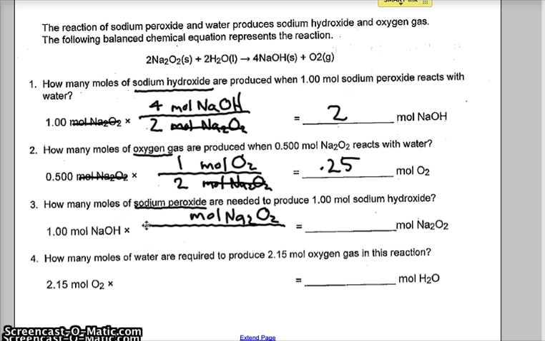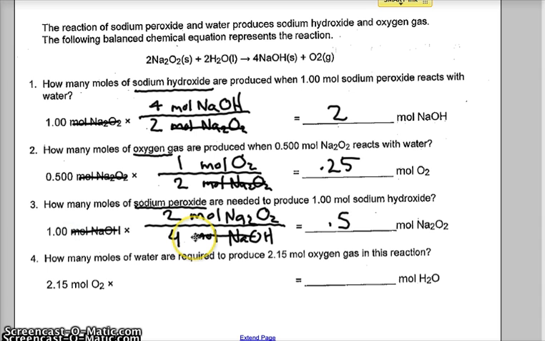And the unit that we want to cancel is the moles of NaOH. So we put that on the bottom, and then we cancel those units. We put the 2 for Na2O2, and NaOH has a 4 in front of it, so we put the 4 there. And so we have 0.5.